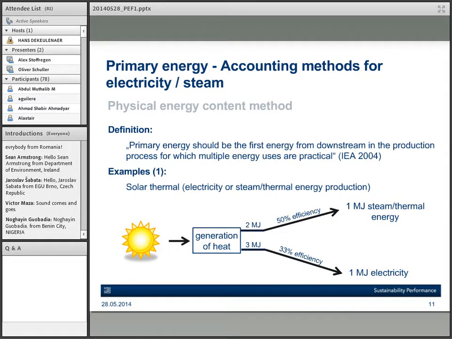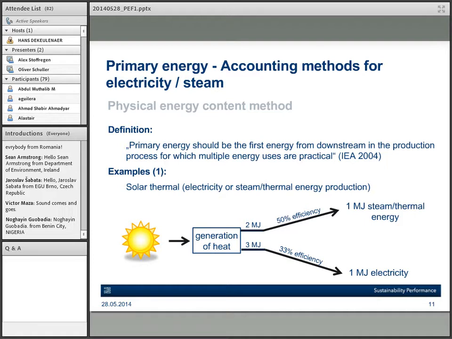And this means that the heat produced from solar radiation is the primary energy. And then the IEA, together with Eurostat, has introduced primary energy equivalents, and for the steam or thermal energy generation, this is 50%. So this means that you would need 2 megajoule of primary energy to produce 1 megajoule of steam.